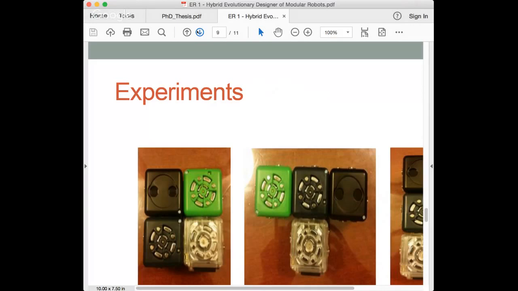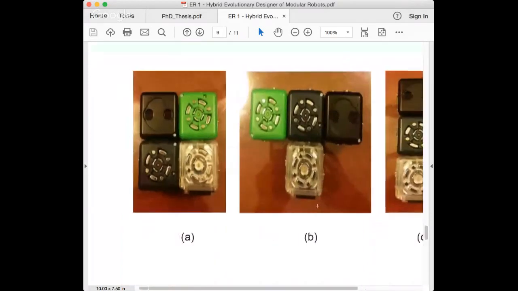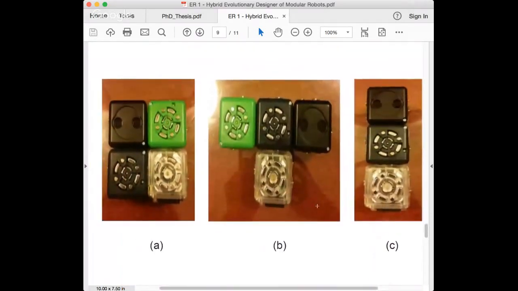Using the proposed designer, the 3 robots that you can see were designed. So I would like you now to use the chat window. I can see some questions popping up, and I'm going to go through the questions at the end of the presentation.